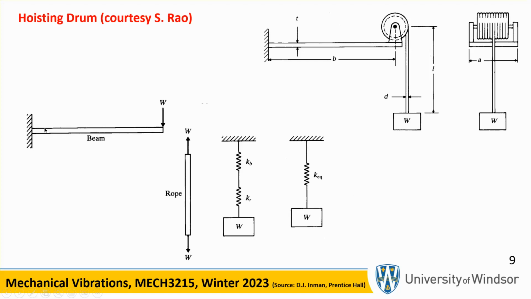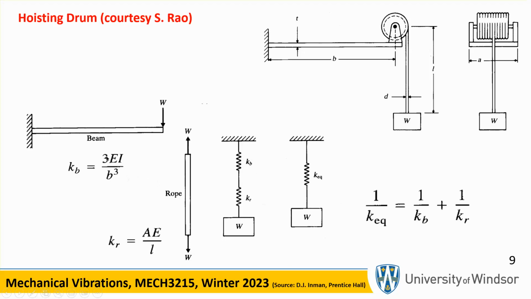So you think about it, there is a spring due to the beam, and there's a spring due to the rope, and these are actually in series. Okay, think about it, they are in series. So these things, don't add them up. You go based on the formula 1 over KB plus 1 over KR and flip that result, you're going to get this effective stiffness.